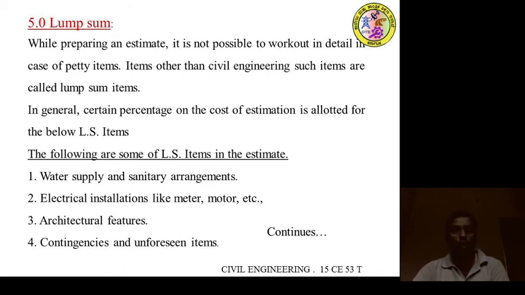The following are the lump sum items: first one is water supply and sanitary arrangement, electrical installation like meter, water, etc., architectural features, contingents and unforeseen items. These four items will be given on the lump sum rate basis in a certain percentage.